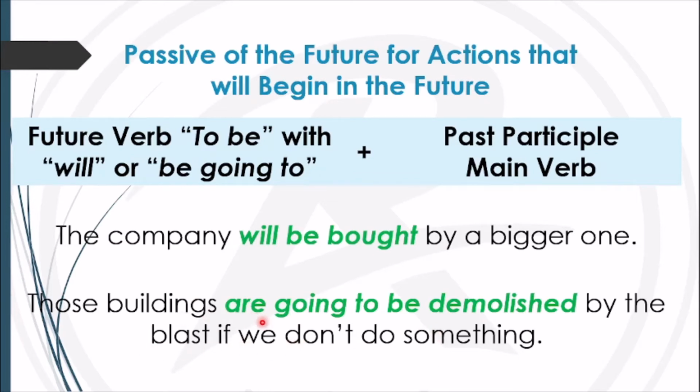So the future form of the verb to be using the expression be going to, and the past participle of the main verb, demolished. Okay, then we have here the passive form of 3 different tenses: the present continuous, the present perfect, and the future.